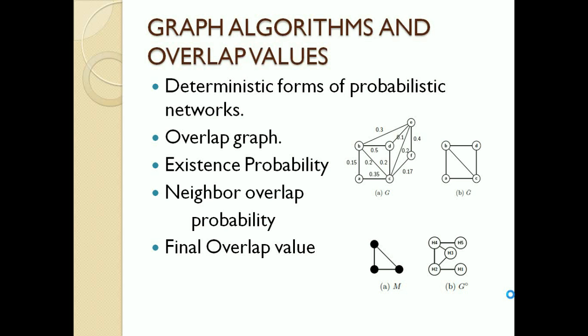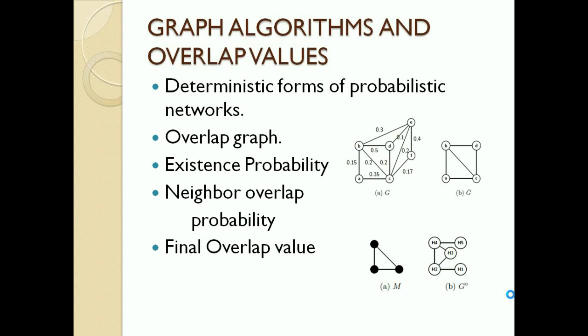Hence, this forms a distribution, and we calculate the expected value of this distribution. The third step is repeated for all patterns in the set of embeddings obtained in the first step, calculating the existence probability and the neighbor overlap probability.